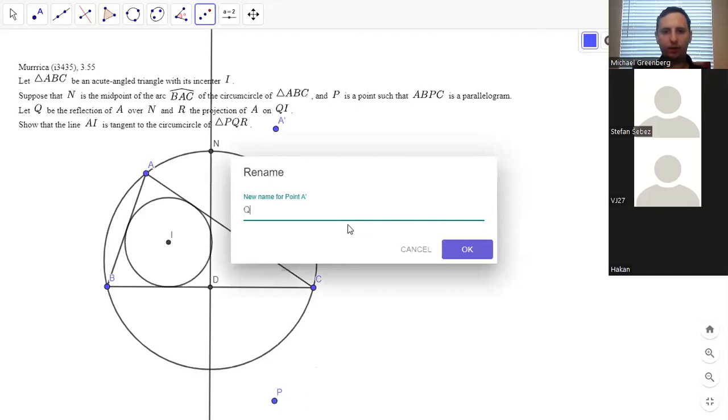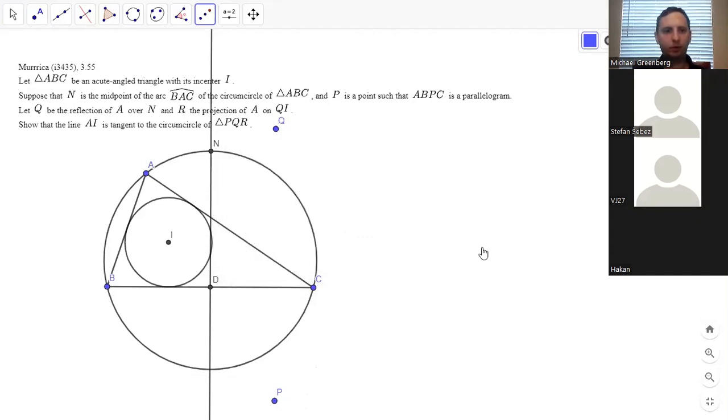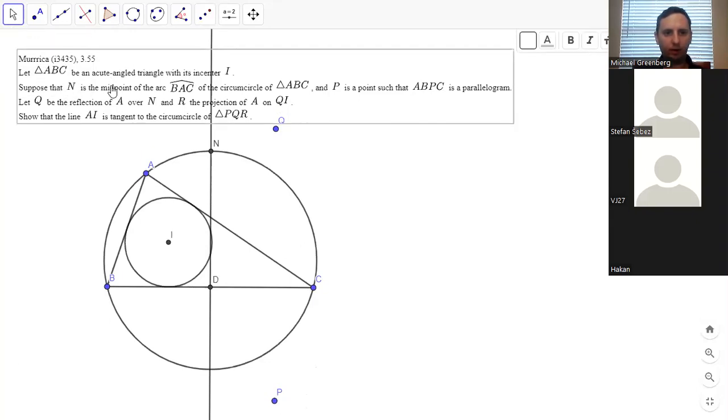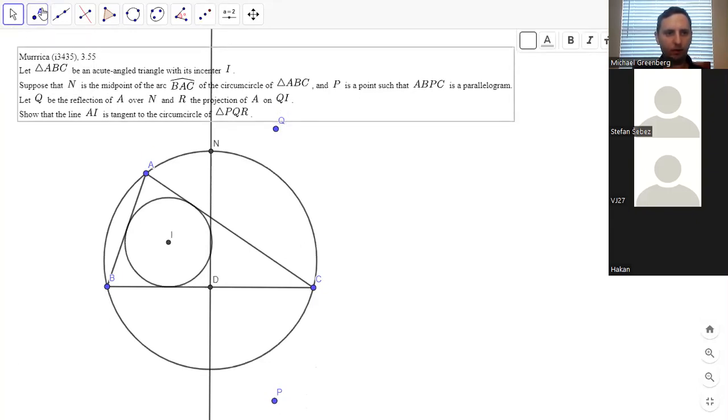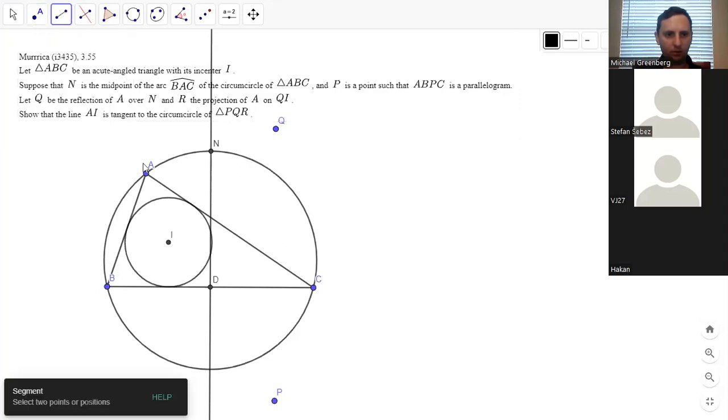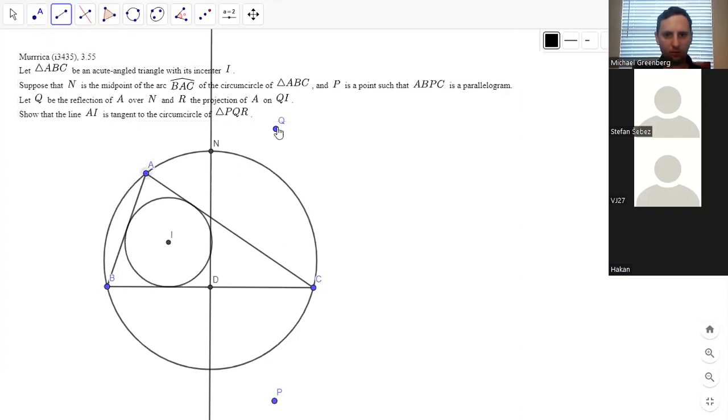Oh, really? Do you remember your solution? R is a projection of A onto QI. Okay.